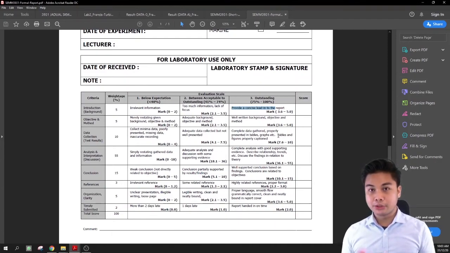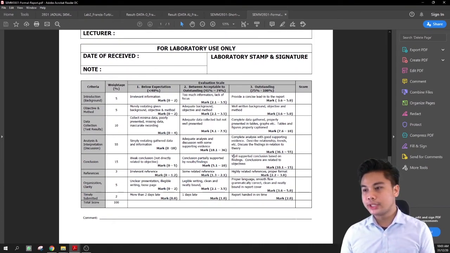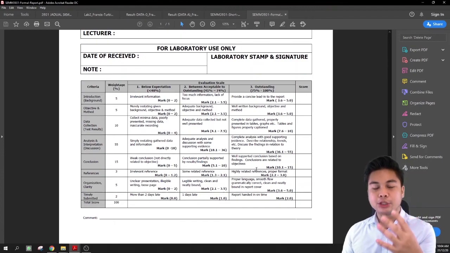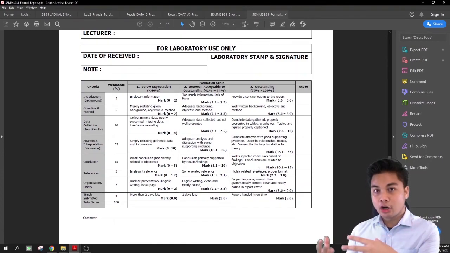Please properly caption your table or graph, for example, Table 1 refers to what, Table 2 refers to what. For the discussion part, please complete the analysis with good supporting evidence. The conclusion should be well-supported based on your findings, and please make sure it goes back to the objective.